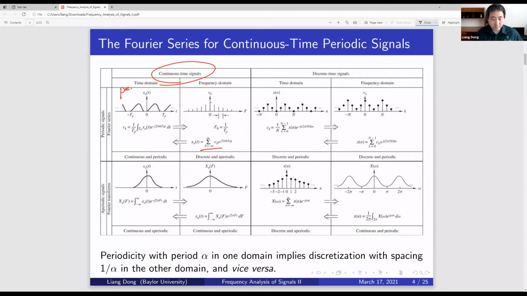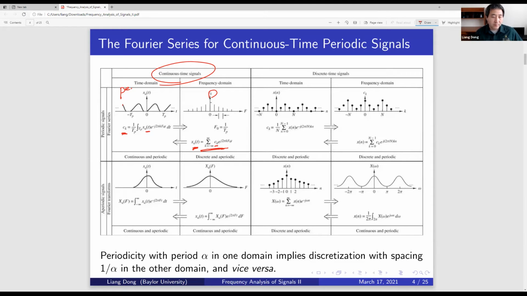The original signal in the time domain is expanded as a weighted sum of harmonics. To calculate all these weights, C sub k, we need to use integration because it's continuous. This is how we calculate from the time domain signal back to the frequency domain weights. And starting from the frequency domain weights, all these C sub k, we recover the time domain signal.